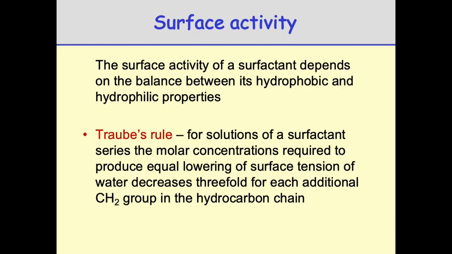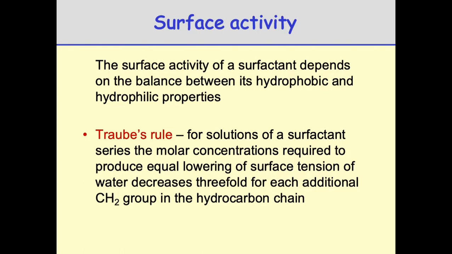And as you increase the hydrocarbon chain, then you're going to end up with a molecule that's more and more unhappy to be in bulk solution of water, and more driven to want to be at the surface. So if the hydrophobic part gets bigger, it's going to prefer to be at the surface. And so it's going to lead to changes in surface tension that depend on the length of that hydrocarbon chain.